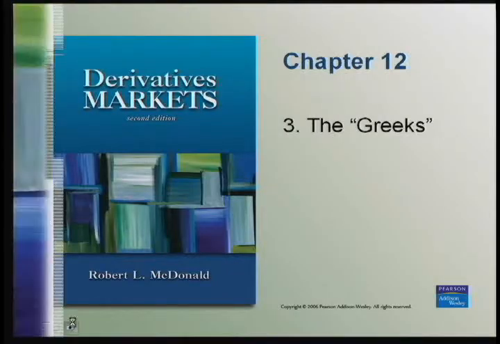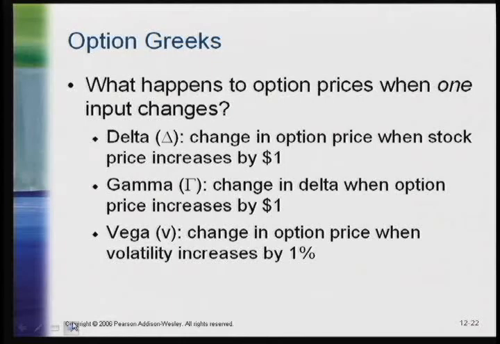So we've already encountered delta. Delta can be defined as the change in the option price when the stock price increases by $1. Intuitively, one can think of it that way, and we can also think of delta as a derivative. Delta is in fact a derivative of the option price with respect to stock.